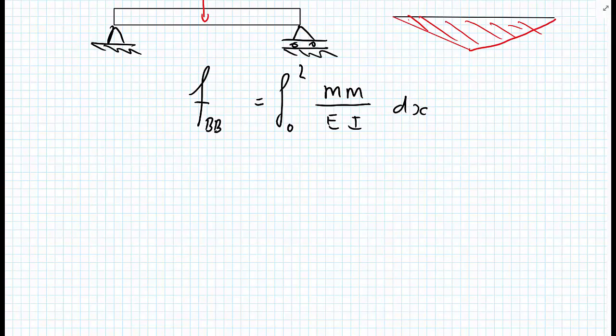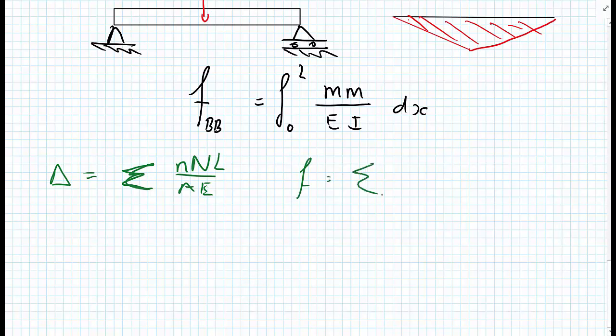So if you cast your mind back, that isn't that dissimilar from what we had for trusses, where we had a summation for displacements. We had delta equals the summation of NnL over AE. And then for the flexibility for trusses, we had the summation of little n squared L divided by AE.